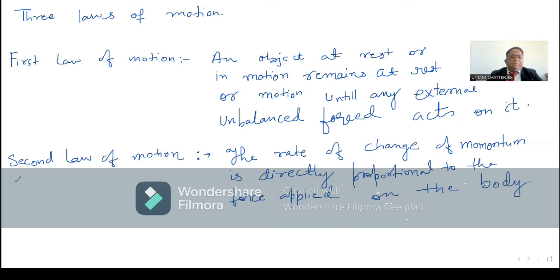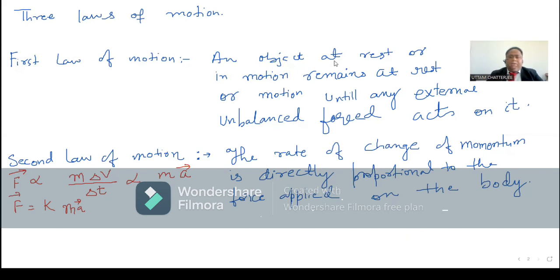That means force is directly proportional to the rate of change of momentum, or we can write delta v by delta t as acceleration. This arrow shows it is a vector quantity. So we can write F is equal to some proportionality constant K, which can be called the force constant, times mass into acceleration. This was what was derived in the previous slide.